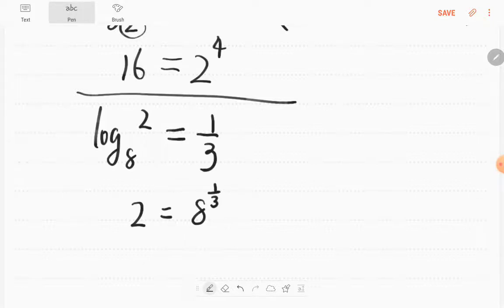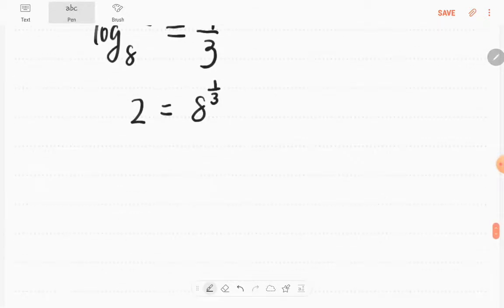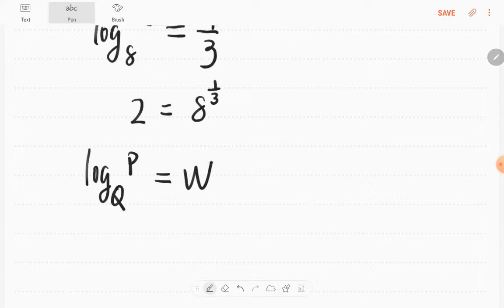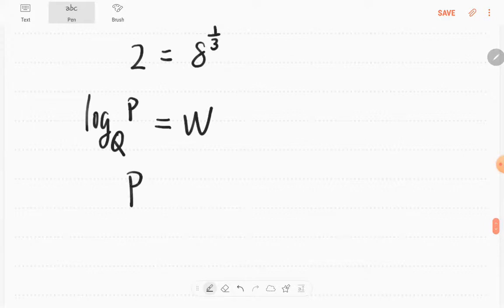Yes. Okay. If you have a more general case, log to the base q of p equals w, that means p is equal to q to the w. Okay.